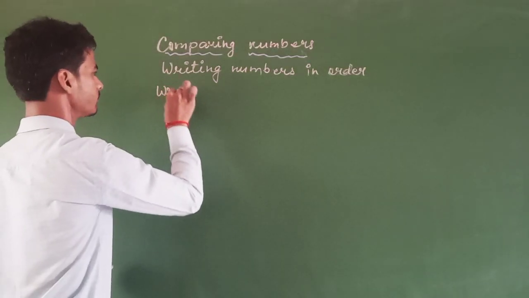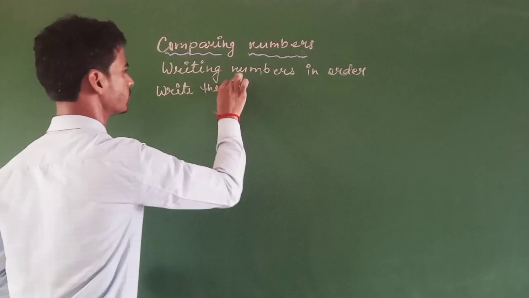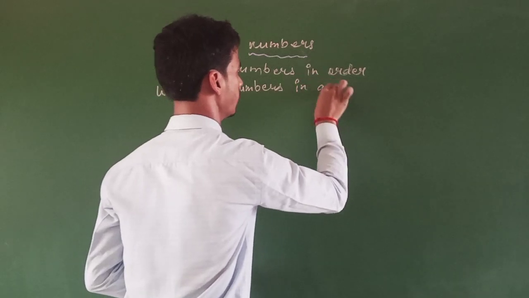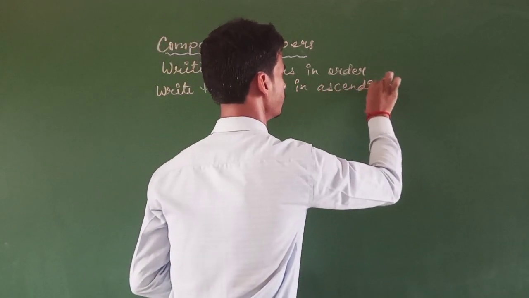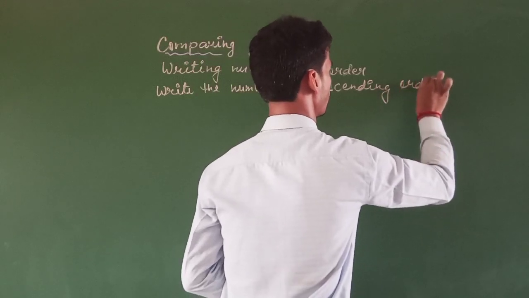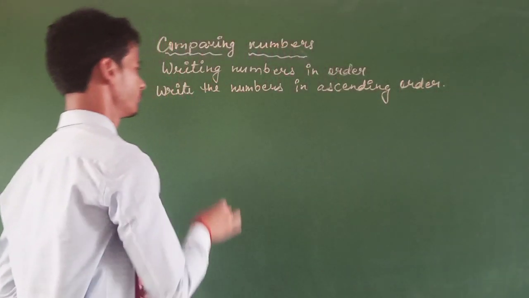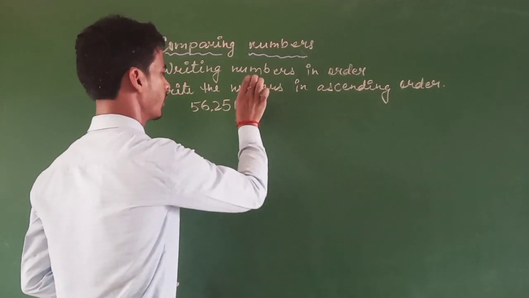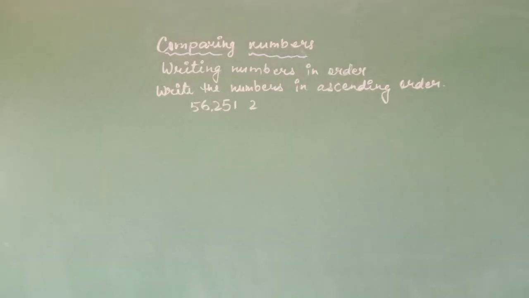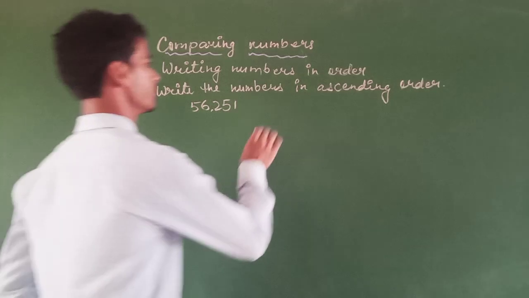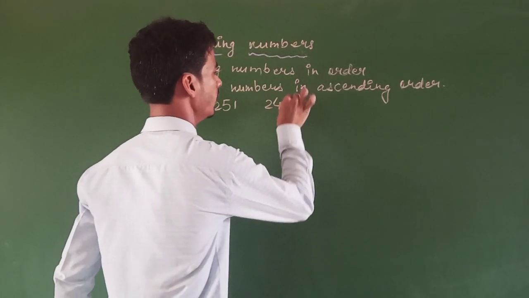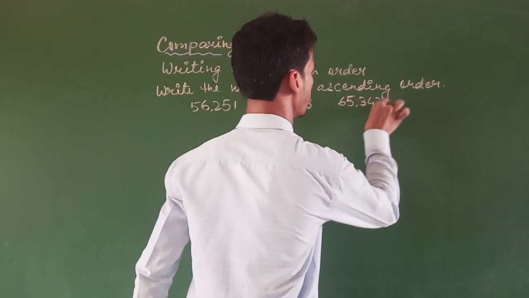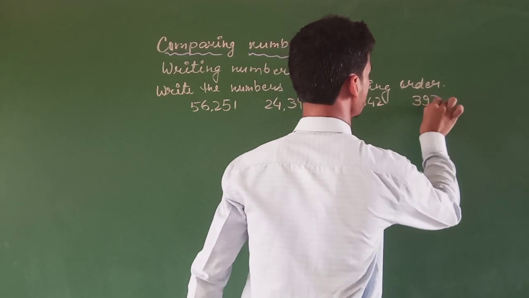Write the numbers in ascending order. The numbers are 56,251, 24,398, 65,342, and 39,362.